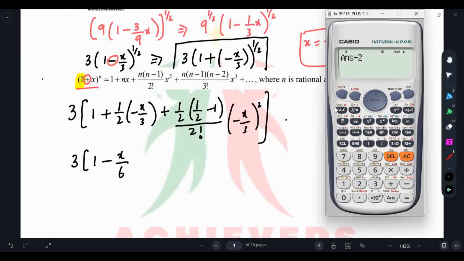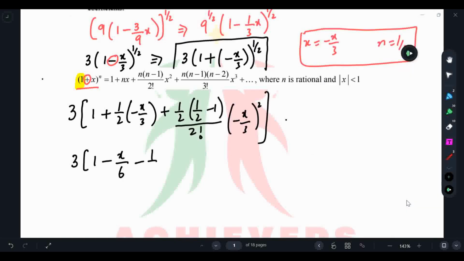So this will be equal to minus 1 by 8. So we can write it as minus 1 by 8 into x squared by 9.